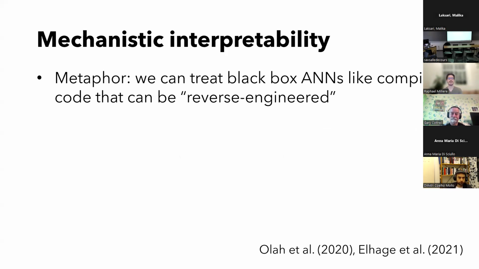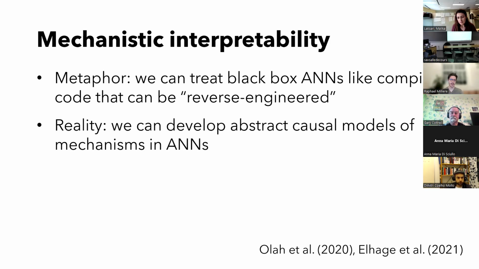I think it's a little misleading. I'll say more about that at the end, but I think it over-promises about what really is going on in this kind of endeavor. And I think the reality is more that we can hope to develop abstract causal models of mechanisms in artificial neural networks. So that's going to be one of my claims, that that's a better way to think about the project of mechanistic interpretability.